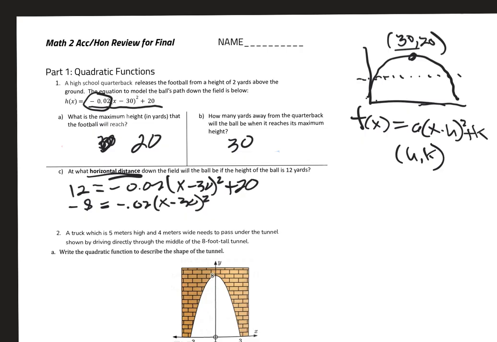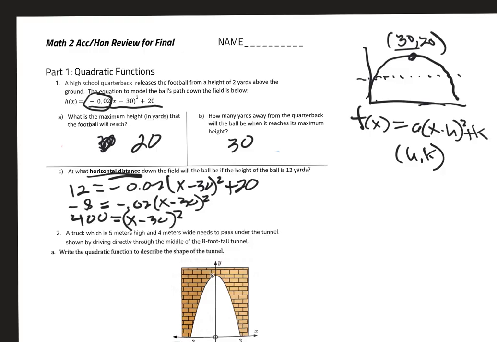Then we divide both sides by negative 0.02. When we do that, we end up getting 400 is equal to (x minus 30) squared. Okay, so what we know now is that the square root of 400 is going to be equal to x minus 30.